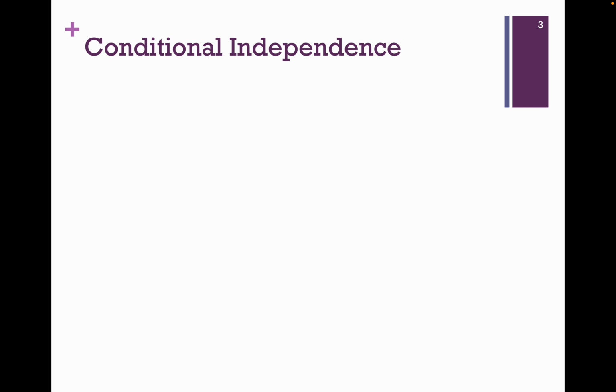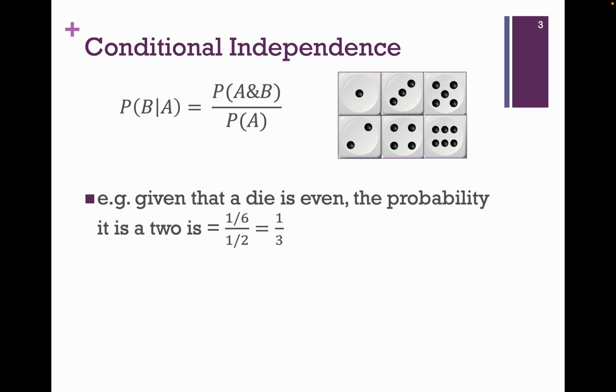To do so, we need the notion of conditional probability. This denotes the probability of B given A, and is equal to the probability of A and B divided by the probability of A. So if we have a die, given that the die is even, the probability that it's a 2 is 1 in 3.